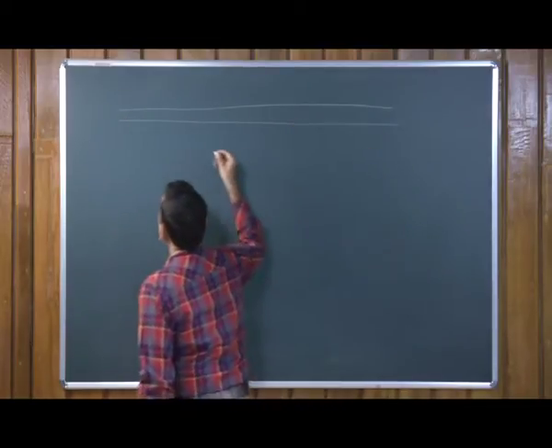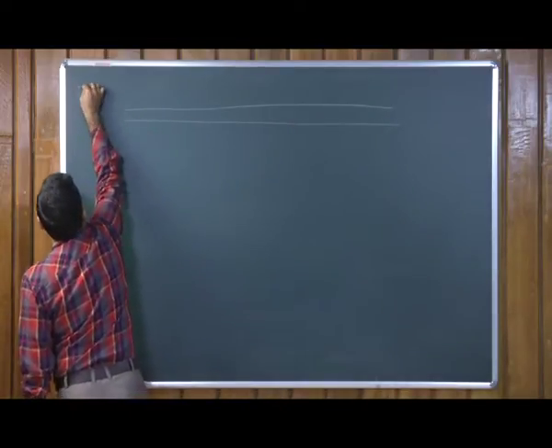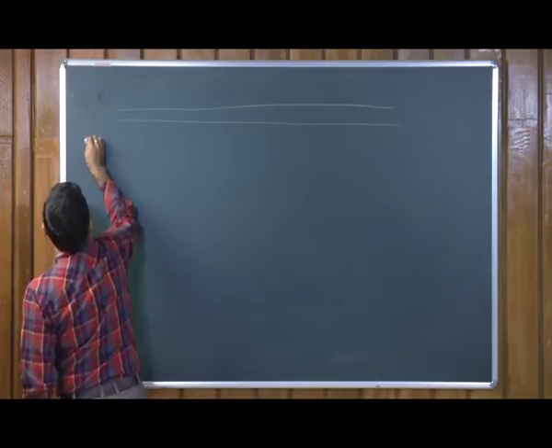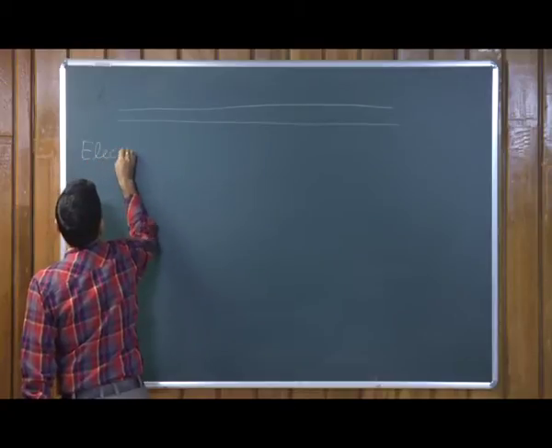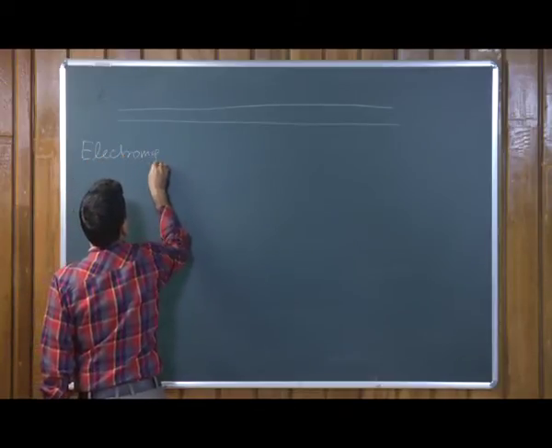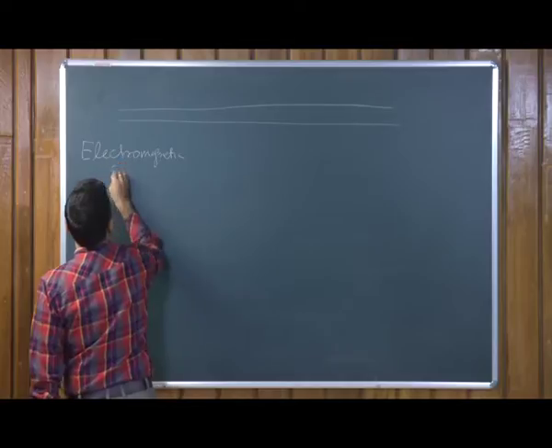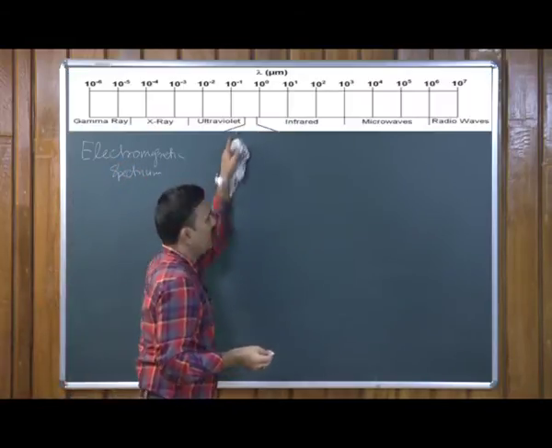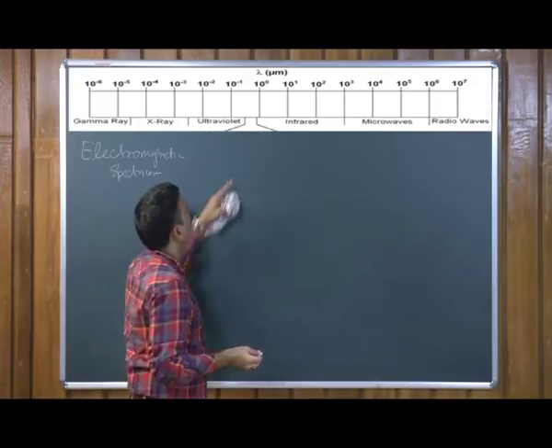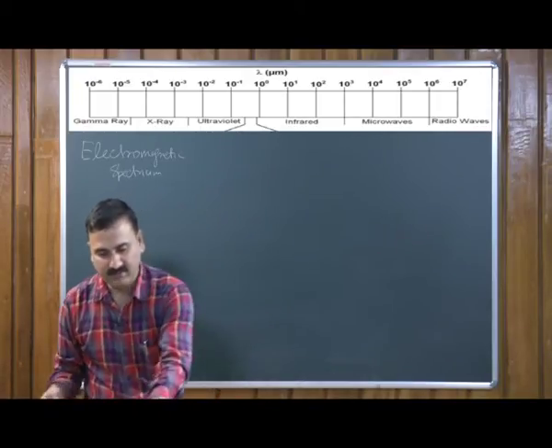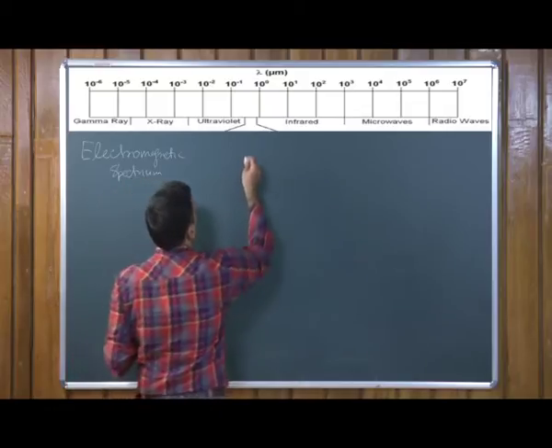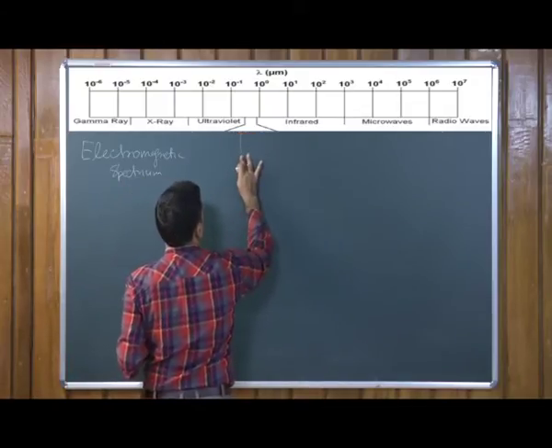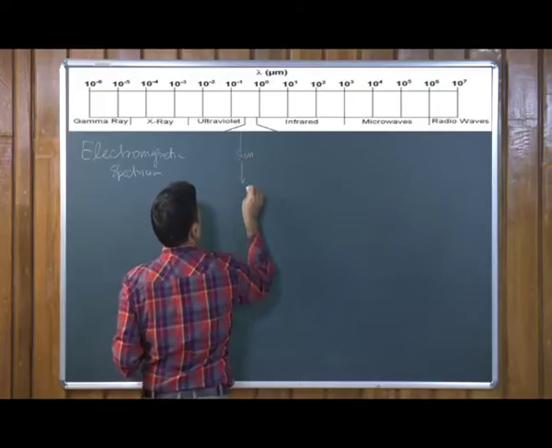And what we are more interested in is to see what wavelengths we have within the visible light, the light which is present in the sun.